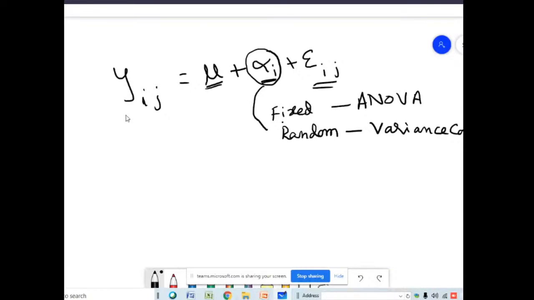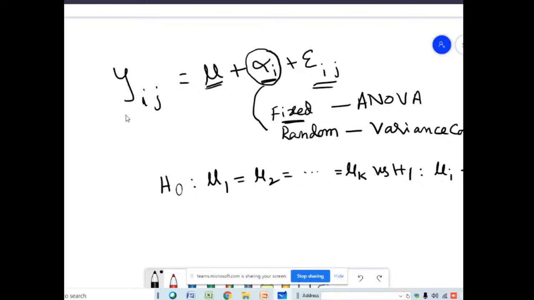Whenever it is a fixed effect, the hypothesis that you write is the mean of the first group is equal to the mean of the second group, equal to so on, the mean of the kth group, against the alternative hypothesis that the means of the groups are not equal, at least some differ.